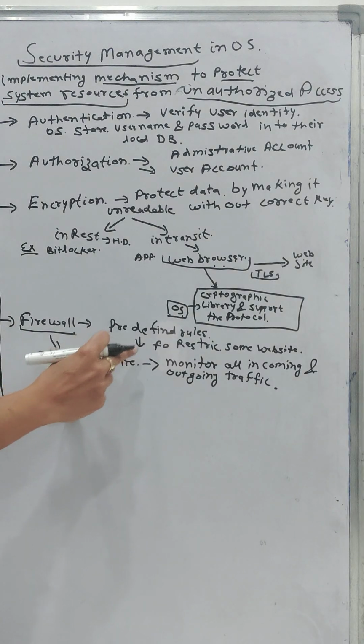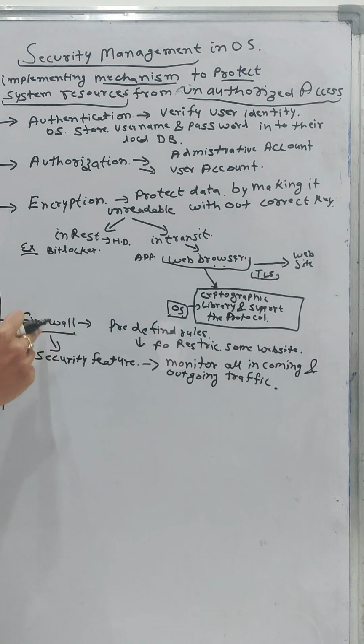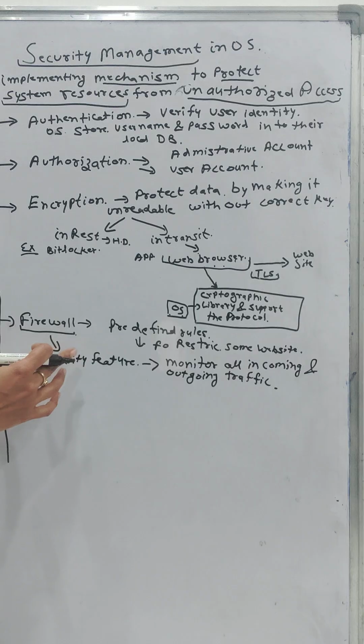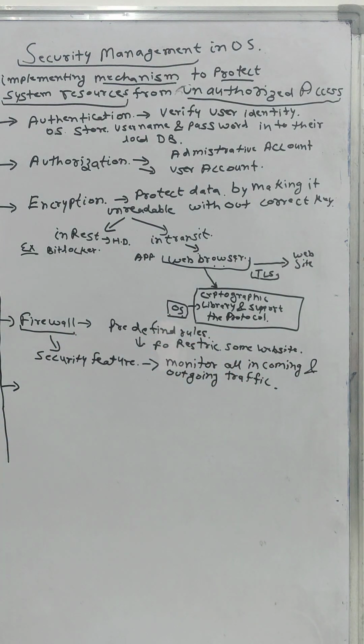Based on the predefined rules, with the help of a firewall we can restrict certain websites on our system. So this is basically a security feature that will monitor all incoming and outgoing traffic.